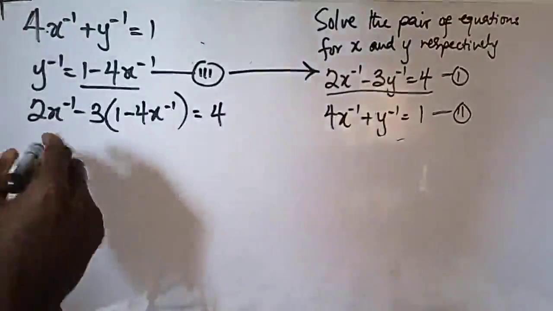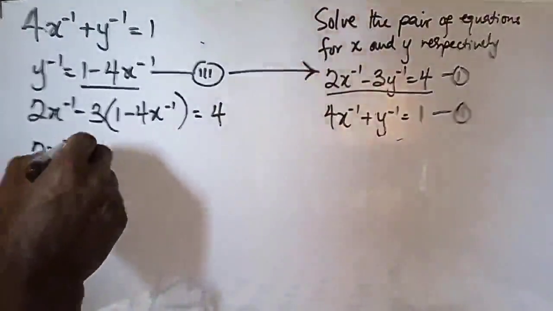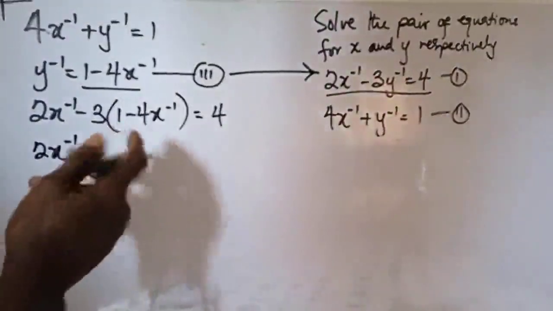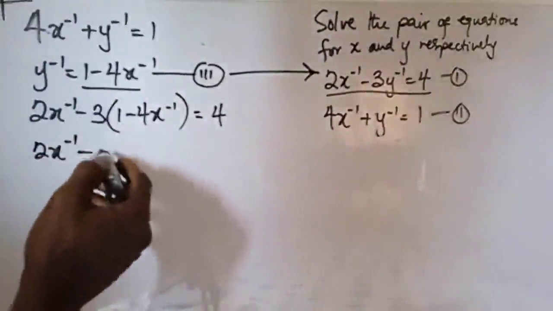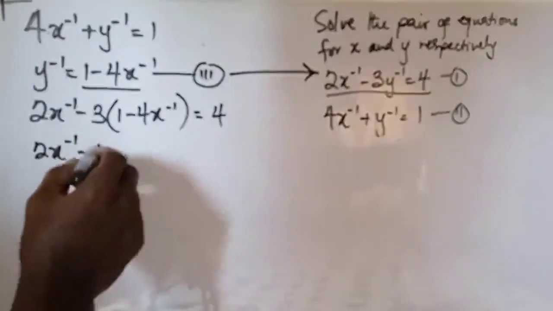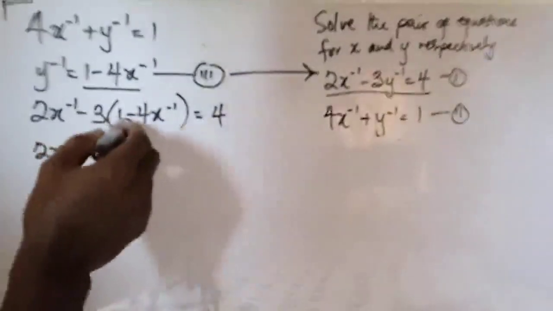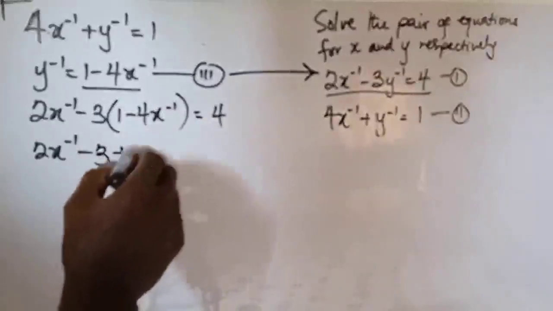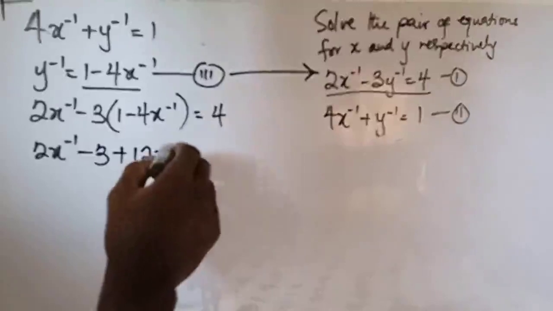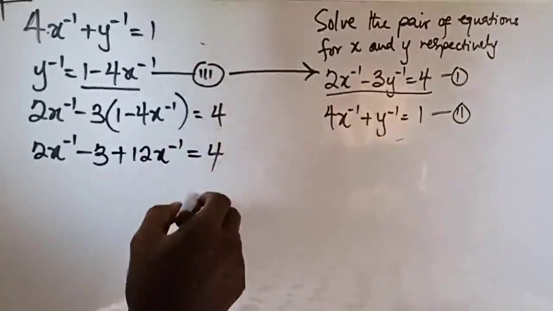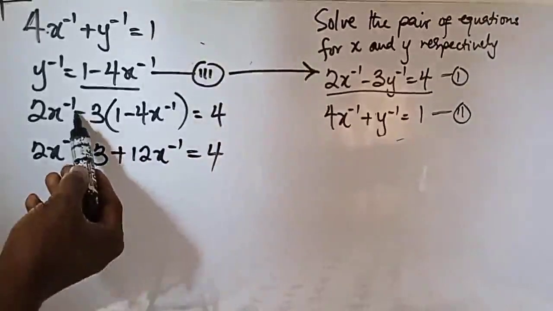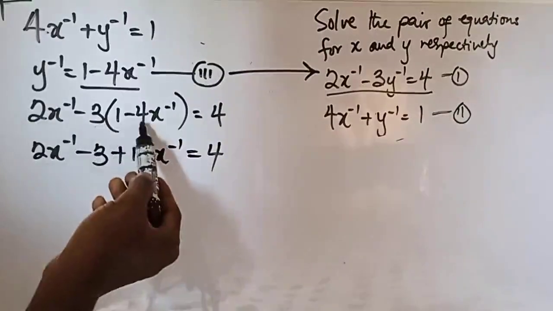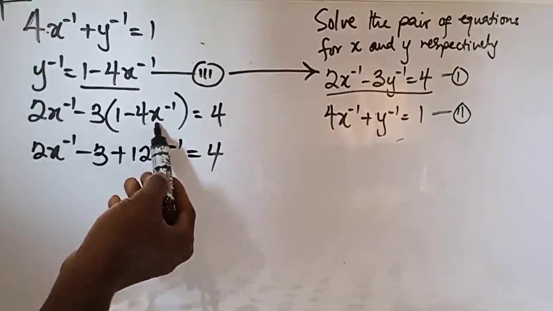So open this bracket, we have 2x raised to power minus 1, then minus, opening this bracket, minus 3 times 1, we have minus 3, then minus 3 times minus 4x raised to power minus 1, we now have plus 12x raised to power minus 1. I hope you understood what I just did. Minus times minus is plus, 3 times 4x raised to power minus 1.